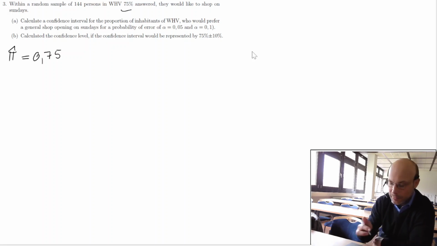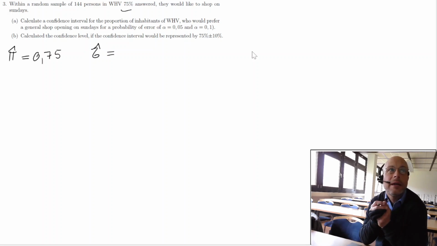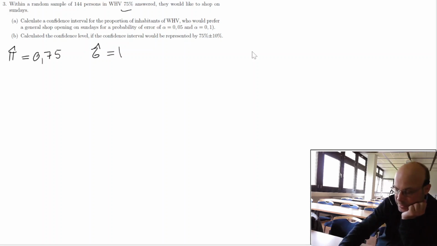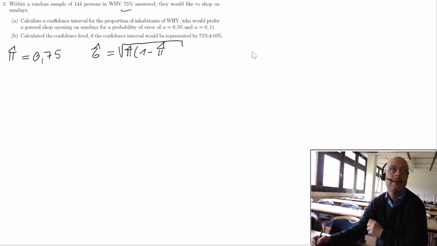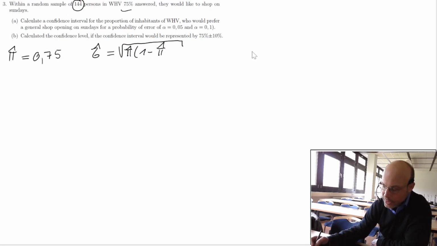And then we know for our standard deviation, we have our estimator, which is just the square root of pi hat times 1 minus pi hat. And then for our confidence intervals, the sample size is larger than 30.